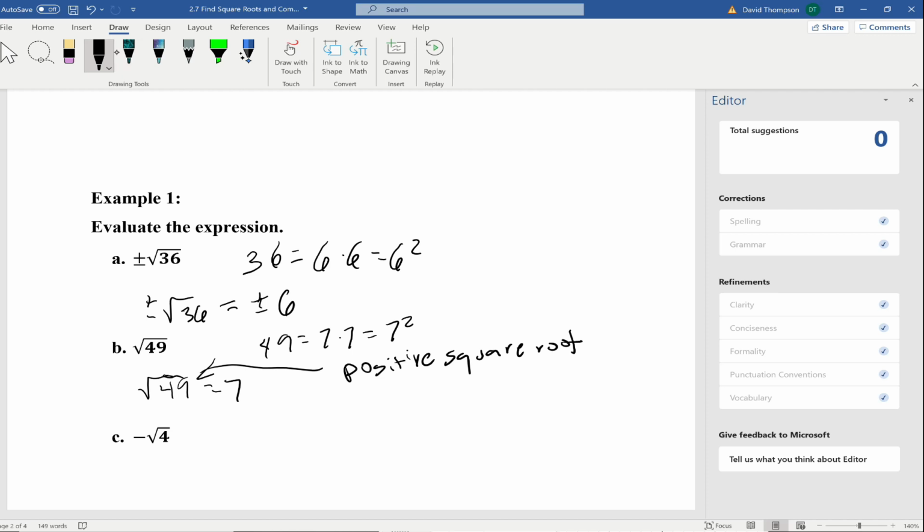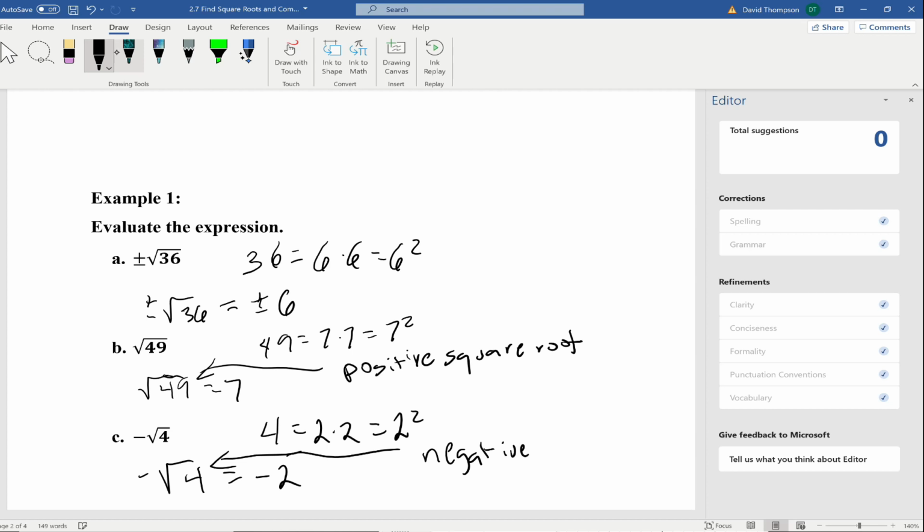Part C, we have negative square root of 4. So 4 is the same thing as 2 times 2, which equals 2 squared. So negative square root of 4 equals negative 2. In this situation, we're talking about the negative square root. And we are done example 1.